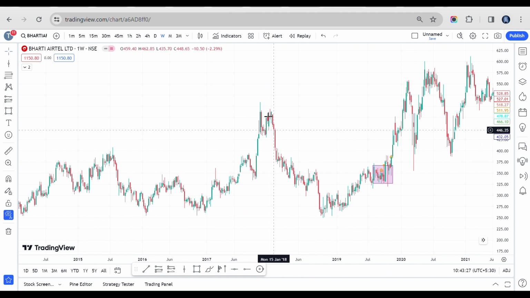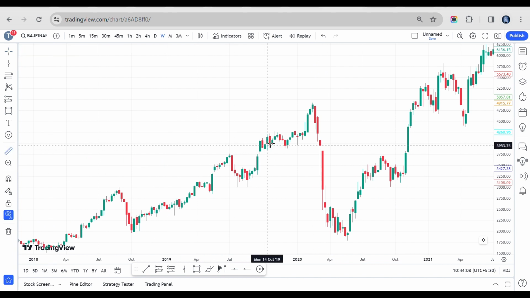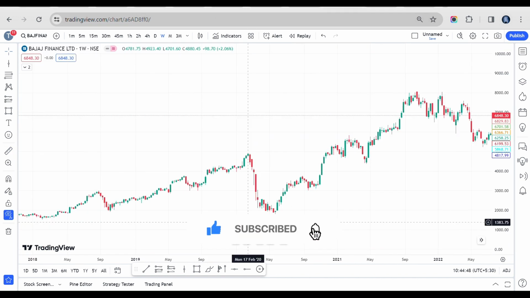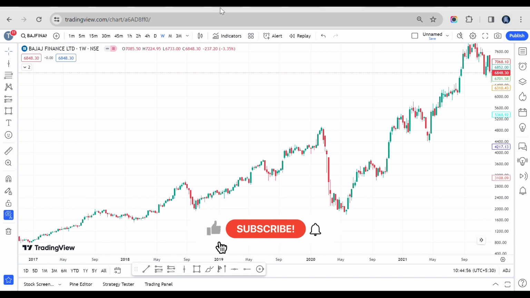And also see another point, if you buy at this highest point and after you buy, the stock starts to fall, this is where again you are sitting at a loss, right? And here also see the Bajaj Finance chart. If you invest at a highest point and after your investment the stock starts to fall, this is all your loss. So instead of blindly investing in any stock, use the right strategy to become profitable from any stocks.